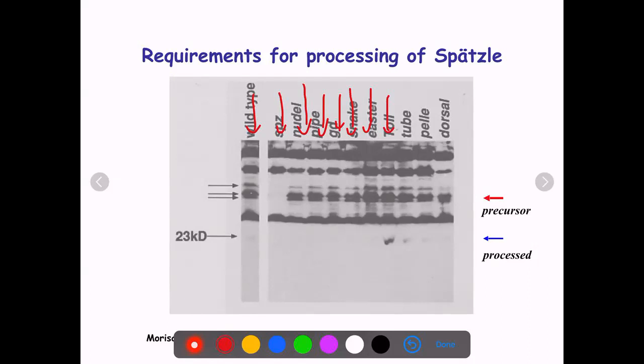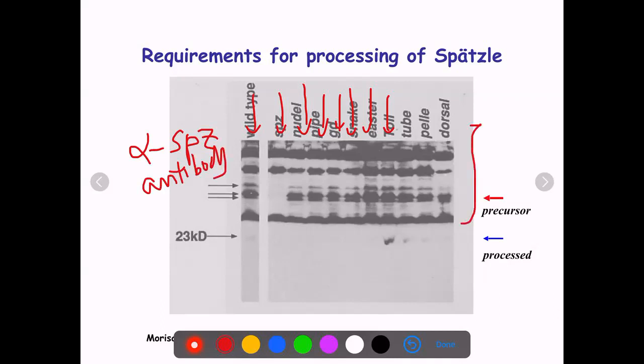It's kind of easy. You put some embryos into the buffer and boil them, and you get this kind of extract. You need to have an anti-Spätzle antibody. Okay. So this is the Western blot result.